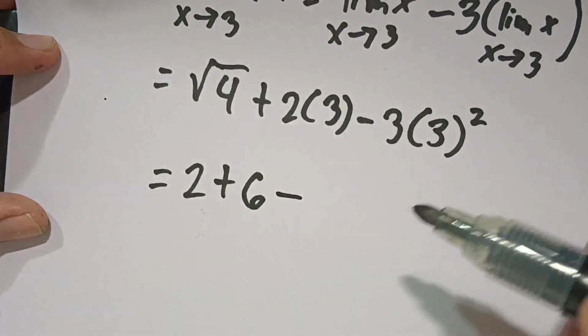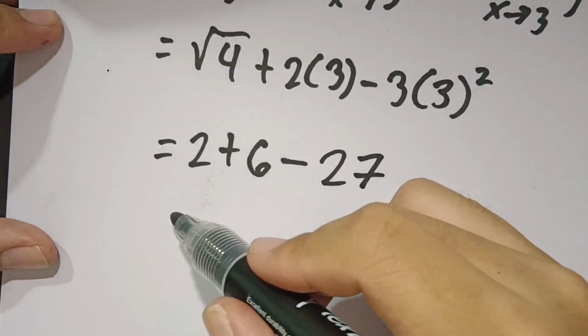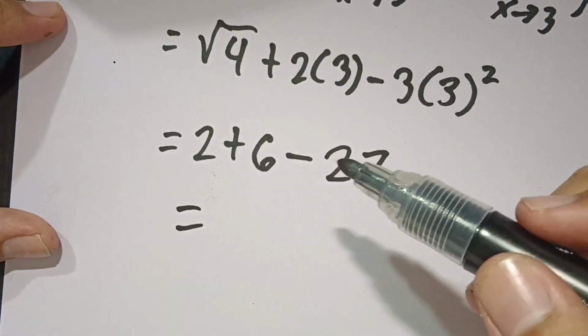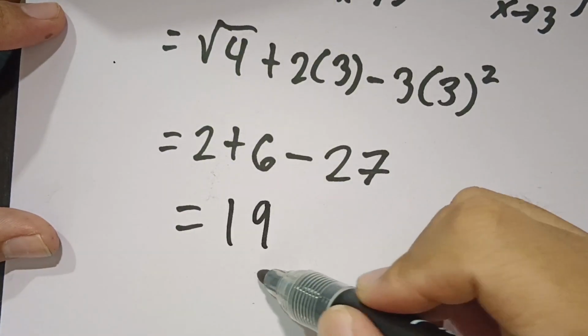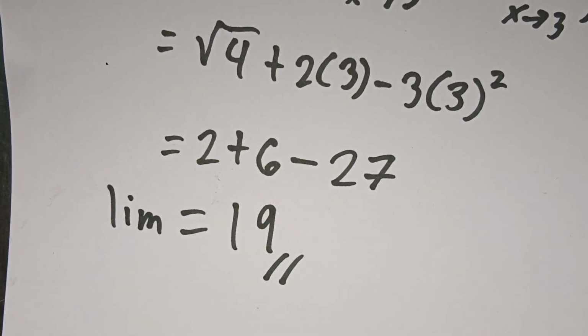Then simplify the formula, as you will get 2 plus 6 minus 27. So 2 plus 6 is 8 minus 27 should be negative 19.